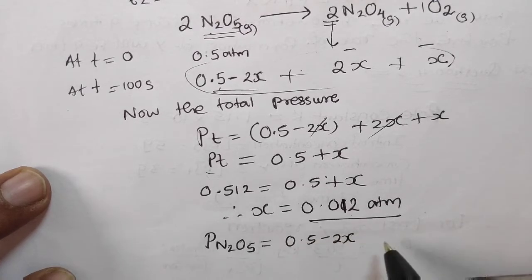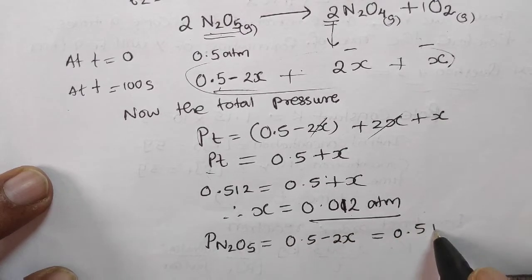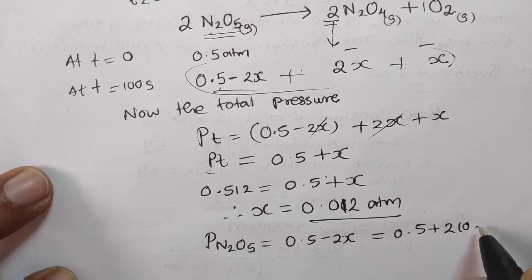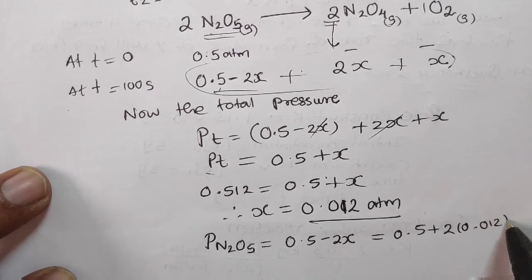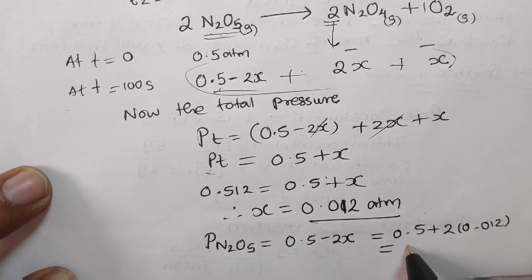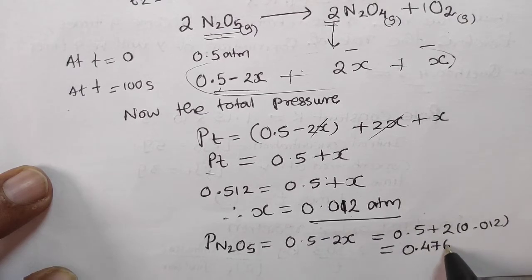Understood? So it will be 0.5 minus 2 into 0.012, which will be equal to 0.476 atm if you calculate.